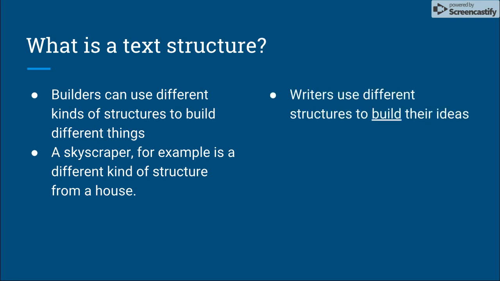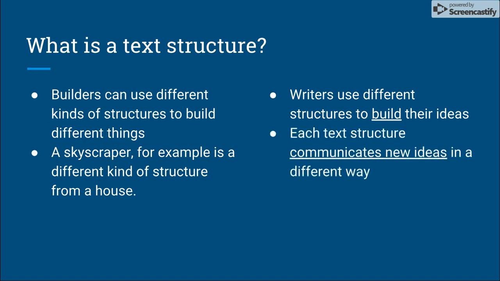So writers use different structures to build their ideas. It's a little bit more of an abstract way of thinking, but each text structure communicates new ideas in a different way. So writers use these various text structures in order to communicate their ideas.